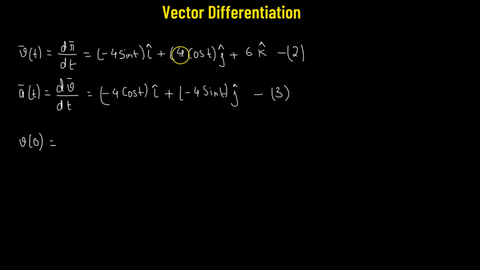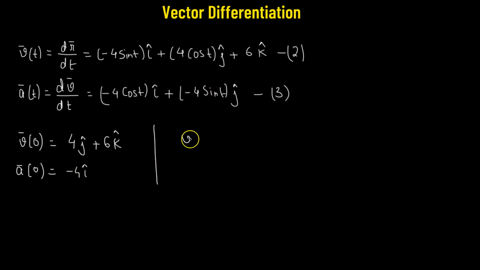For the y component, we have 4 times cosine of 0, so that is 4 j cap plus 6 k cap. Then the acceleration at t equals 0: negative 4 cosine of 0 gives negative 4 i cap. The y component is 0 because sine of 0 is 0, so we only have negative 4 i cap.